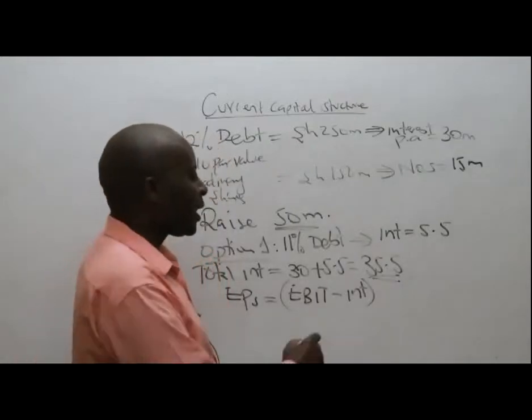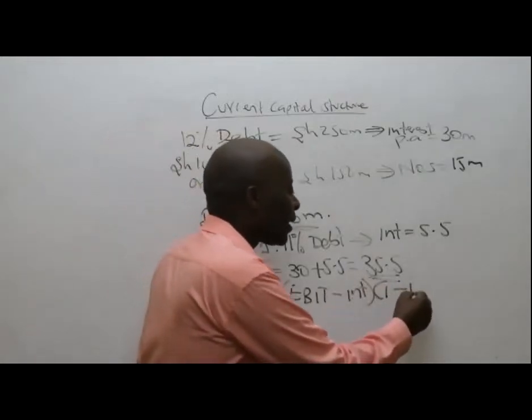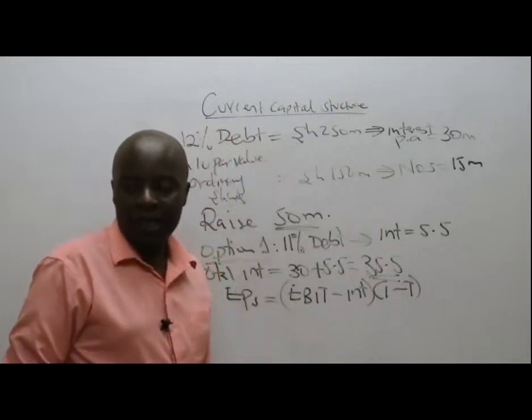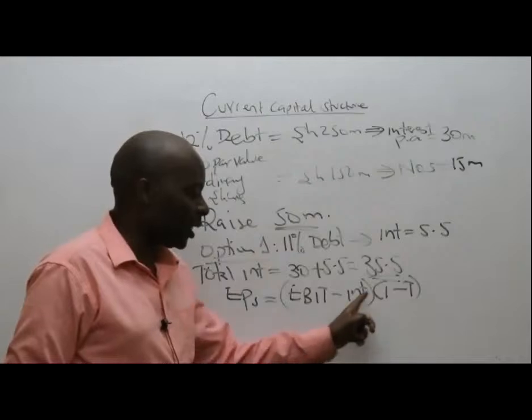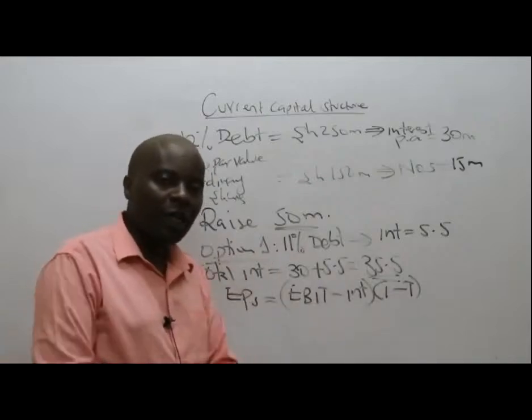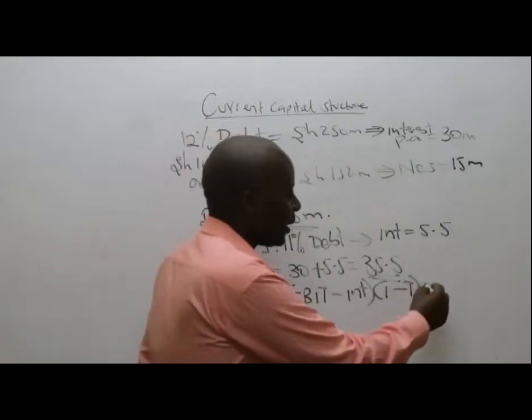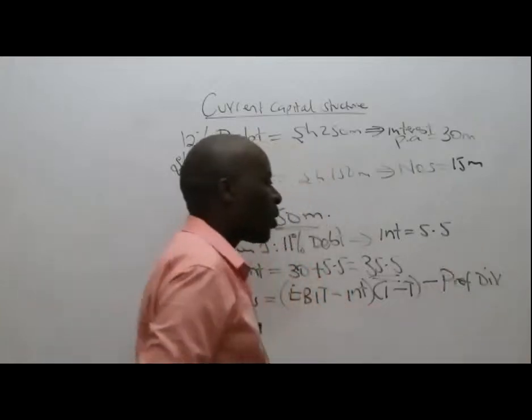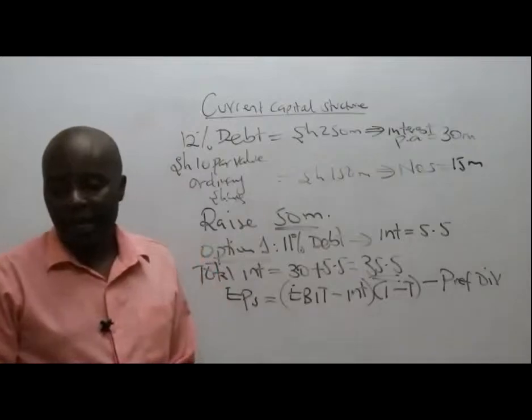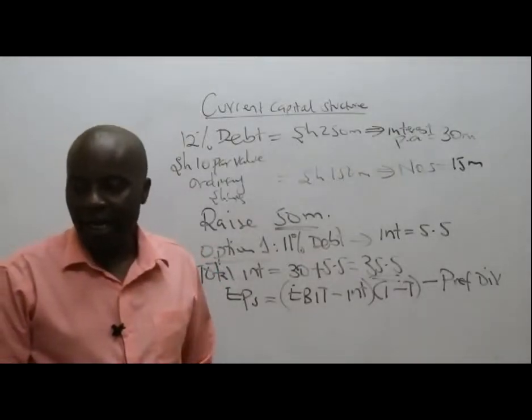After subtracting interest, we must deduct taxation. After that, before we start sharing out to ordinary shareholders, we must subtract preference dividends.